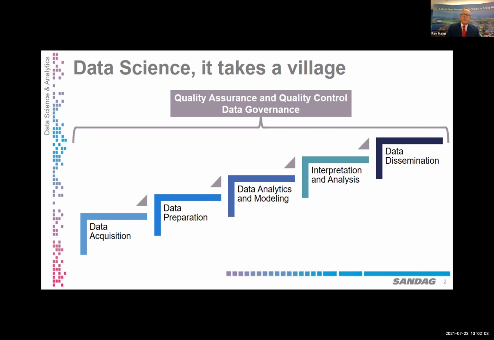And then there's interpretation and analysis. And that really takes people who understand the problem domain to take that data and interpret it and say, this is what's happening in our region. And then we need to be able to push that out to elected officials and to the public to make better informed decisions. And so all of that is wrapped in quality assurance and data governance.